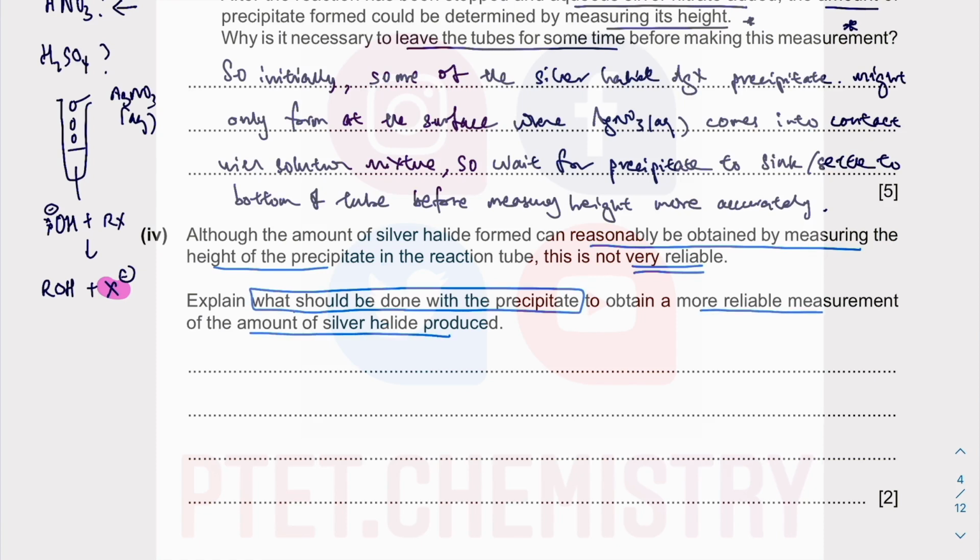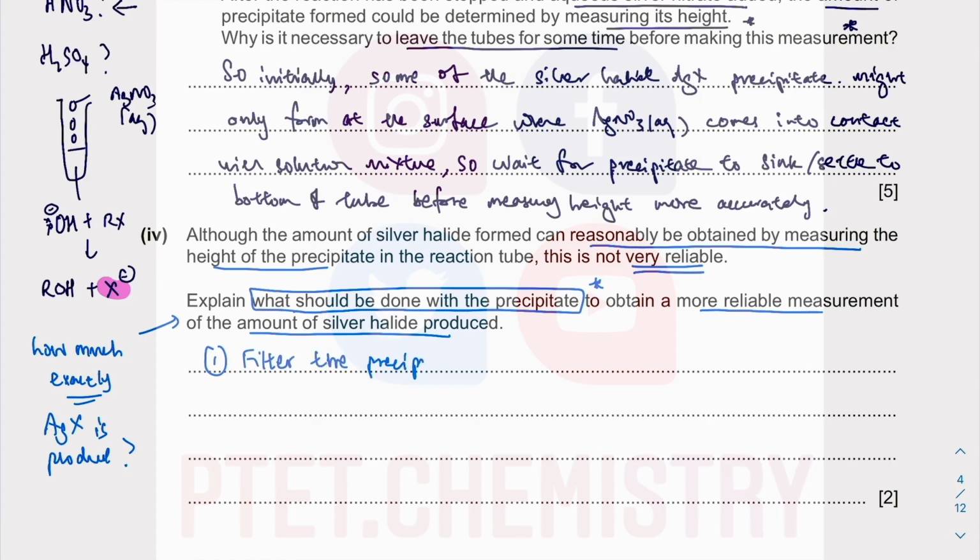How much exactly? So we are more interested in how much exactly AgX is produced. Remember that it is a precipitate and you have a solution, and I said earlier you can filter the precipitate after the reaction.